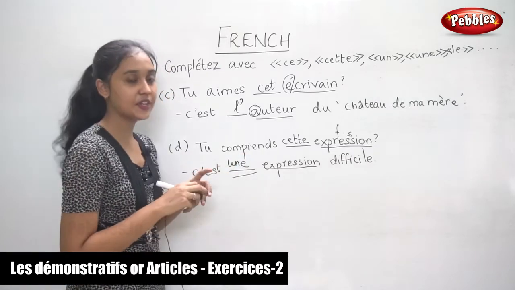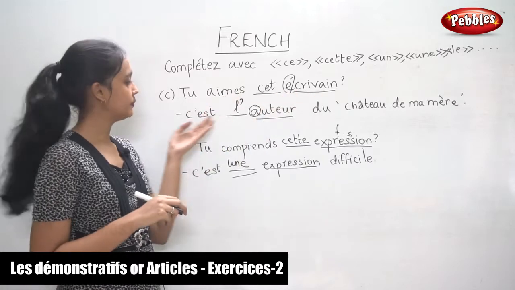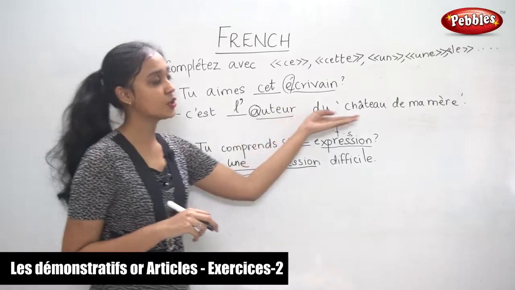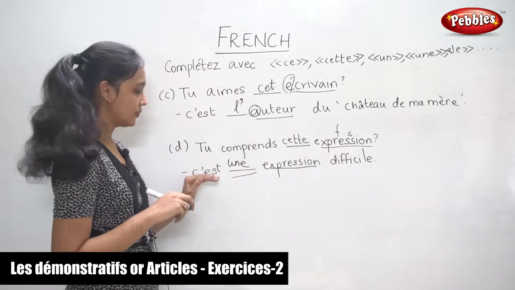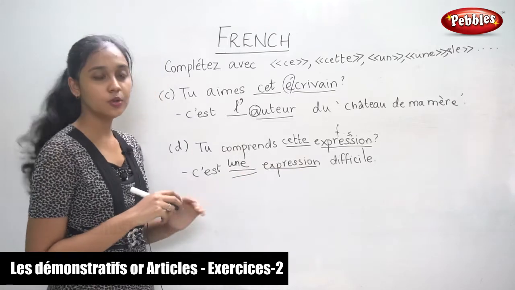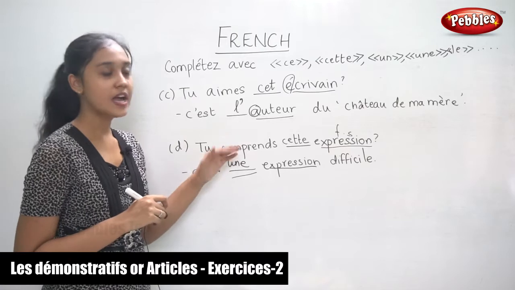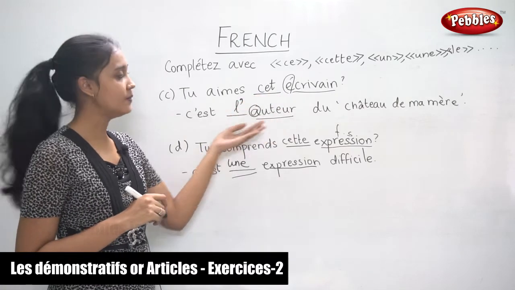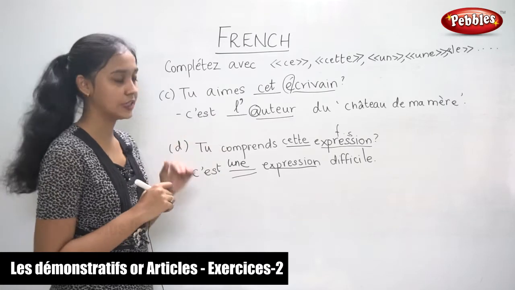So once again, read these sentences along with me. Tu aimes cet écrivain? C'est l'auteur du château de ma mère. Tu comprends cette expression? C'est une expression difficile. So now we know how to write the articles and the demonstratives, and we know how to fill them into sentences depending upon the particular context.